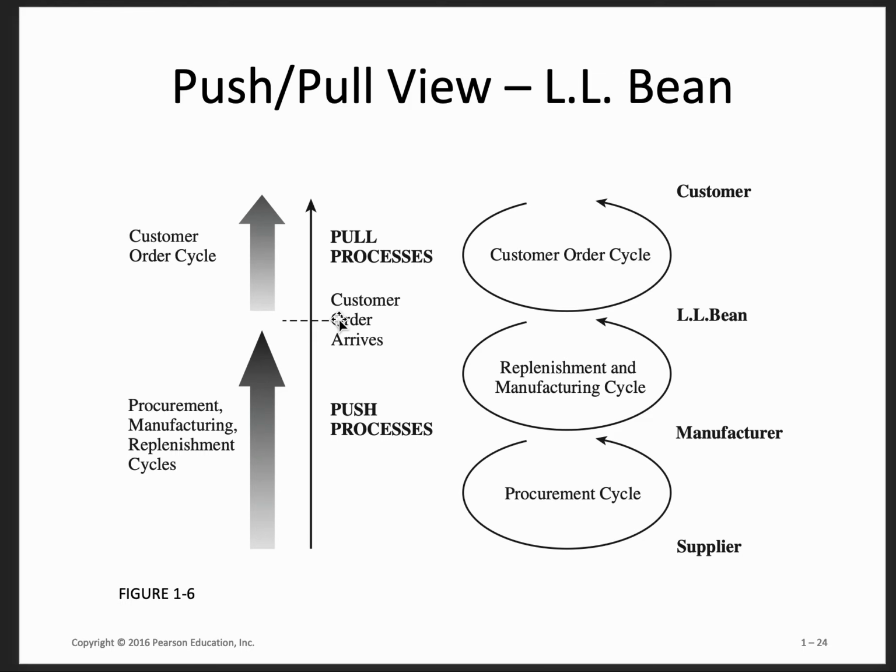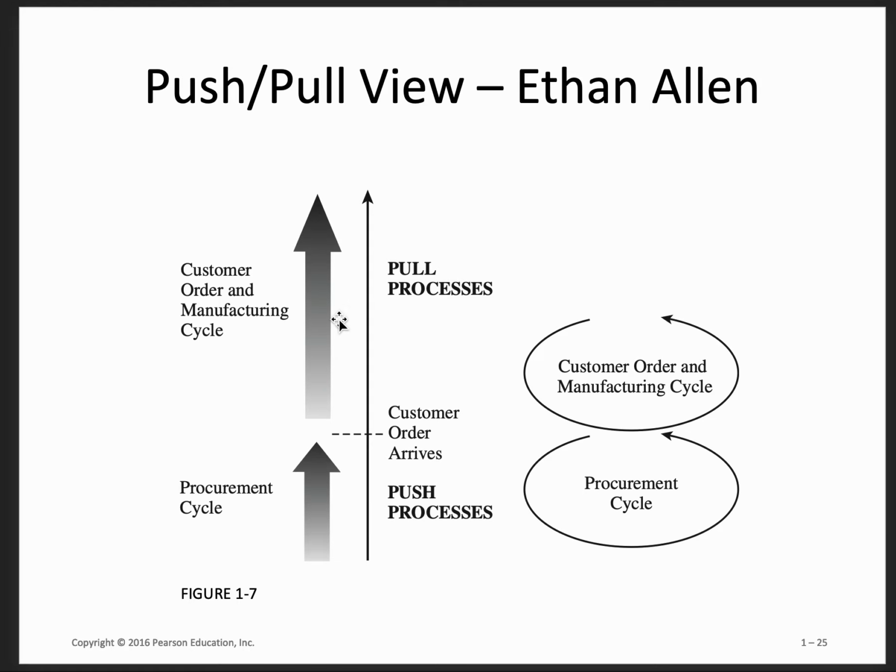As opposed to, say, a place like Ethan Allen, where only the procurement cycle happens before the customer order arrives, because they manufacture furniture. All the manufacturing happens after the customer places an order, because most of what you buy from Ethan Allen is custom made.